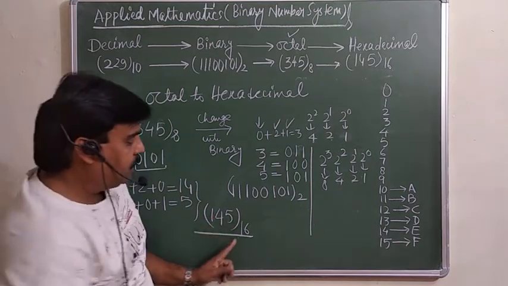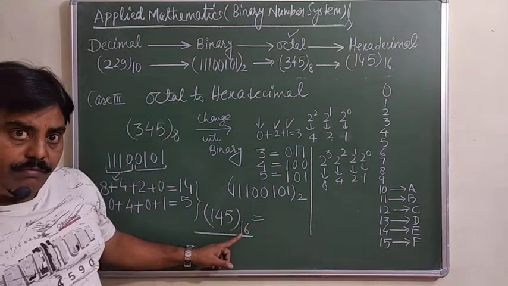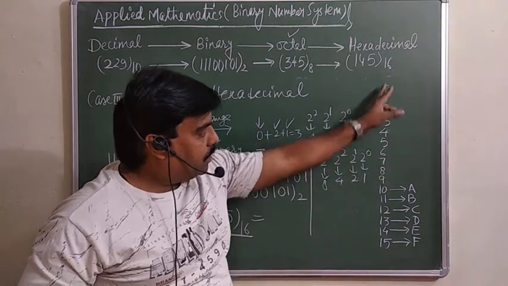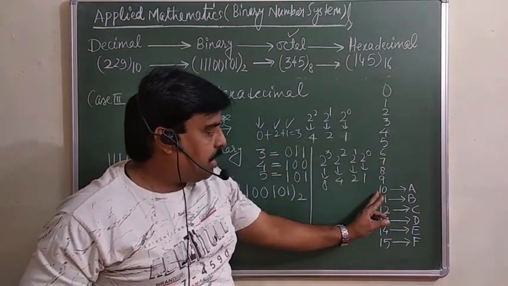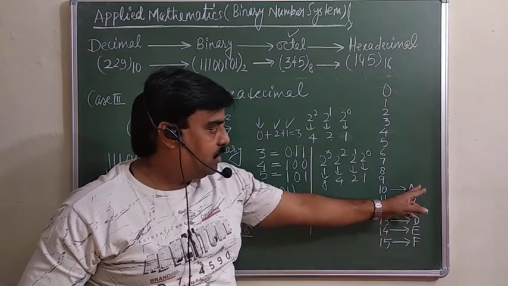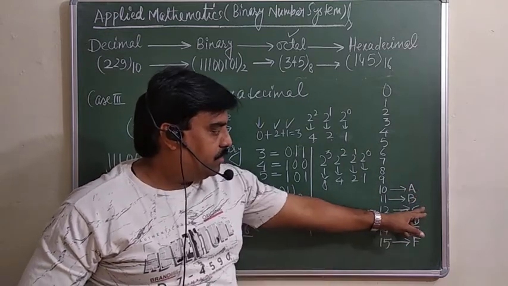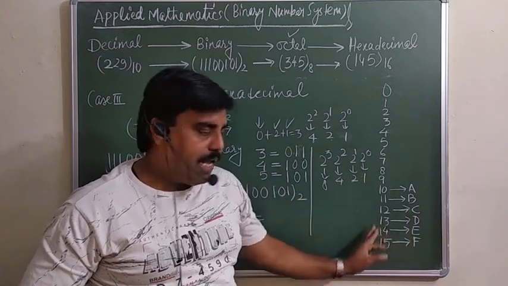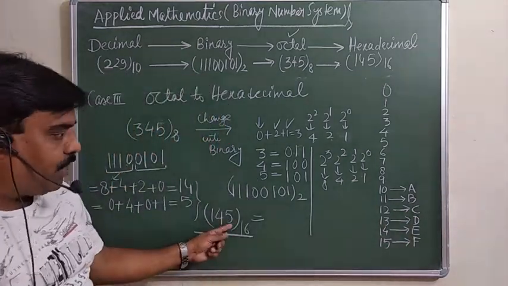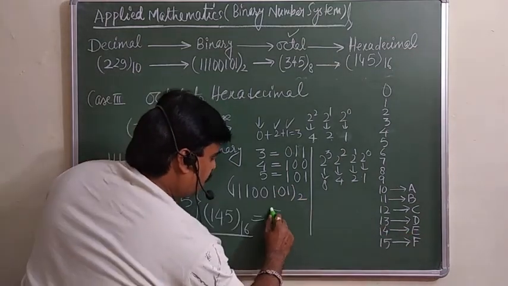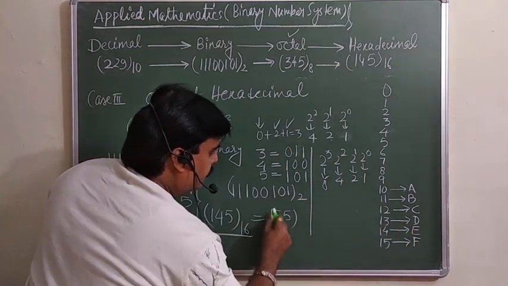See, one more thing. This 145 hexadecimal can be written as, just see now, what do we do? 0 to 9 we keep as it is, but after 10 we give a letter. 10 we represent by A, 11 by B, 12 by C, 13 by D, likewise. So here it is 14 and 5; 14 is represented by E, so it can be written as E5 in base 16.